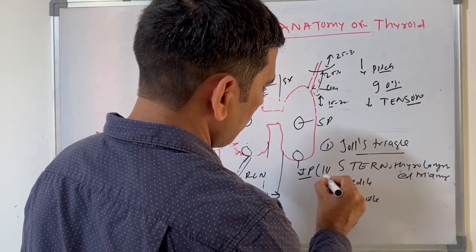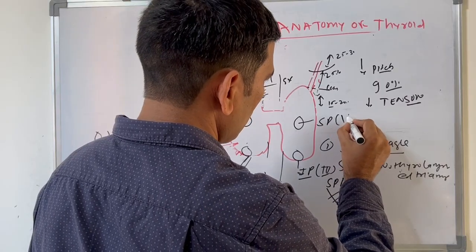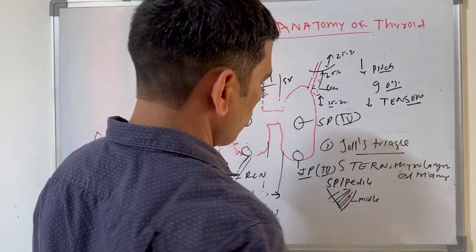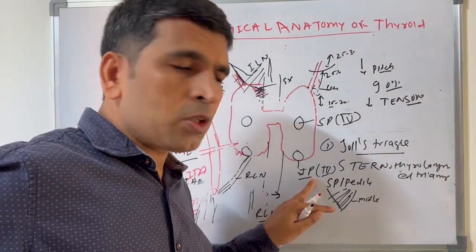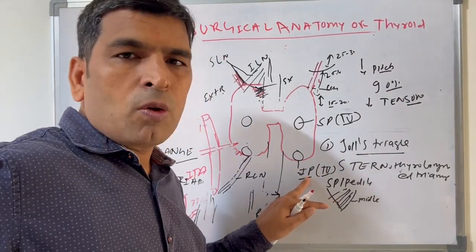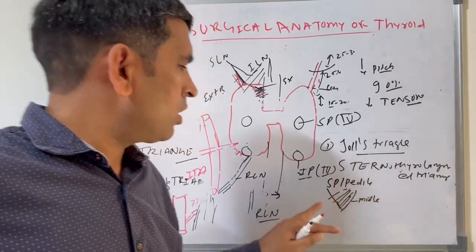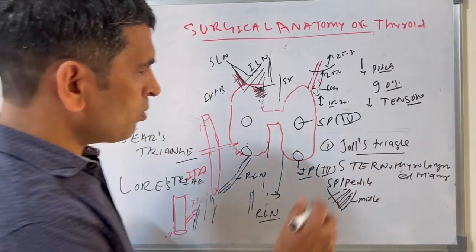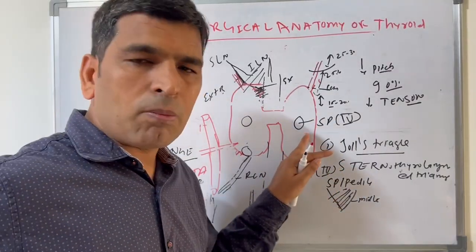Inferior parathyroid develops from the third pharyngeal pouch and superior develops from the fourth pharyngeal pouch. And this descends more in the neck because of the thymus origin from the same third pharyngeal pouch. So this comes more inferiorly than the superior during development.